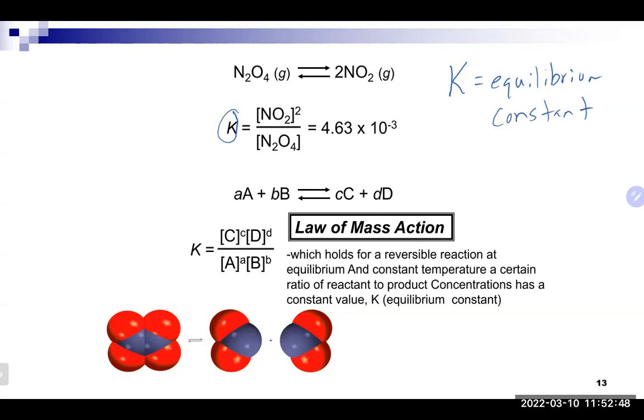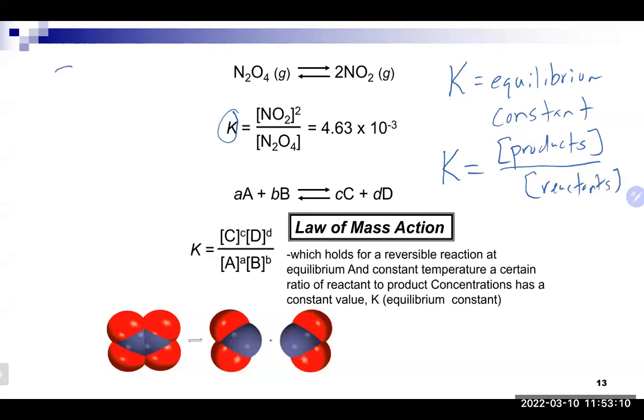So the equilibrium constant in this case is the ratio of products to reactants. We take the concentration of our products, again, divided by the concentration of our reactants.